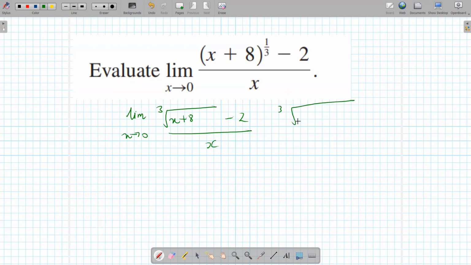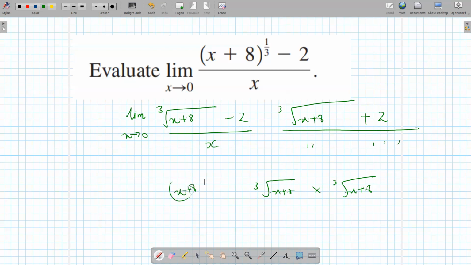You have cube root of x plus 8 plus 2, and then you have the same thing, but then you have cube root of x plus 8 times cube root of x plus 8. Do the cubes cancel out? No, they don't, right? It only cancels out when it's a square. Basically, what we have right now is x plus 8 to the power of 2 over 3.